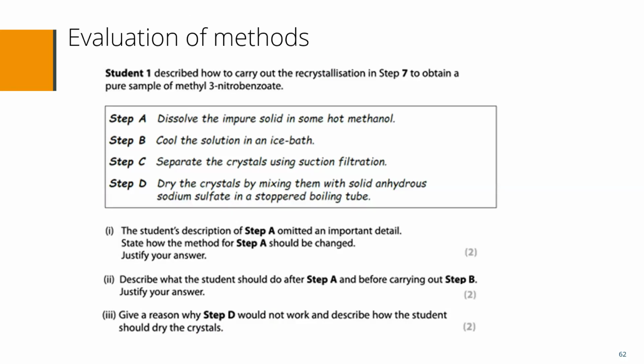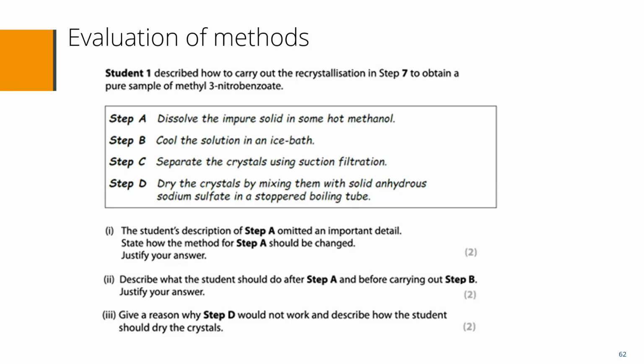Okay, there's an evaluation of methods. Describe how to carry out recrystallization, and then this is a description. The student description of step A omitted important detail. State how method A should be changed and justify your answer.